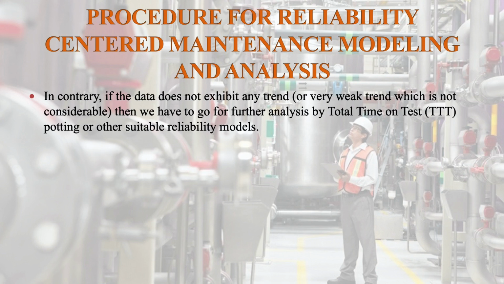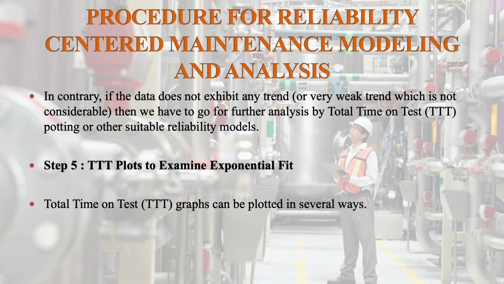In contrast, if the data does not exhibit any trend, or a very weak trend which is not considerable, then we have to go for further analysis by total time on test plotting or other suitable reliability models. Then step 5, TTT plots to examine exponential fit. Total time on test graphs can be plotted in several ways.